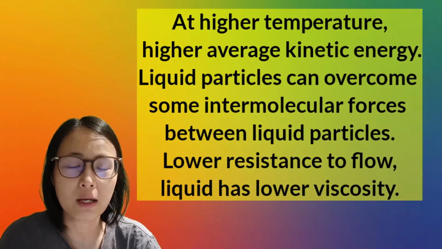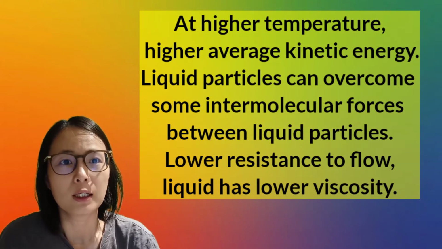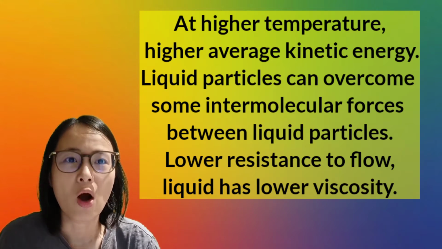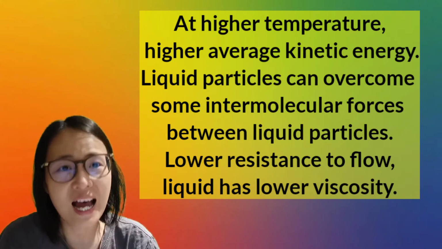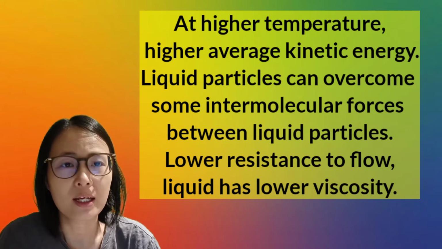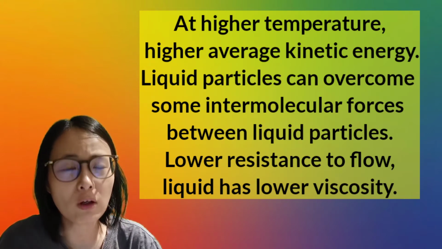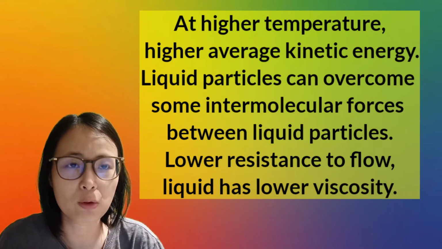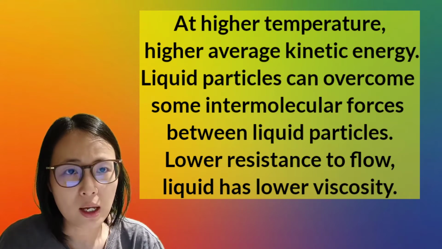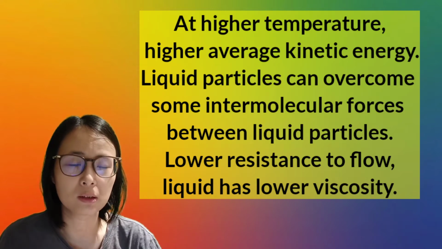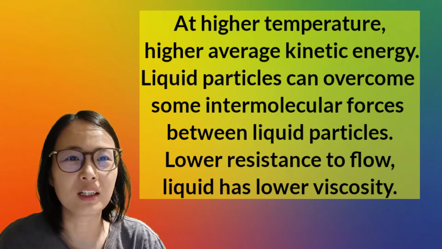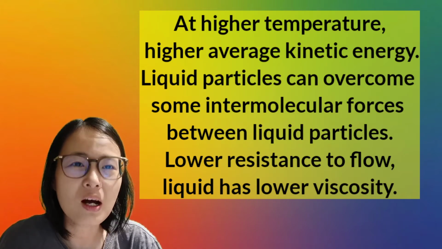However, at higher temperature, the liquid particles will have higher average kinetic energy. When the liquid particles have higher kinetic energy, they can overcome the intermolecular forces between them. Now the liquid has lower resistance to flow, so the liquid is said to have lower viscosity.